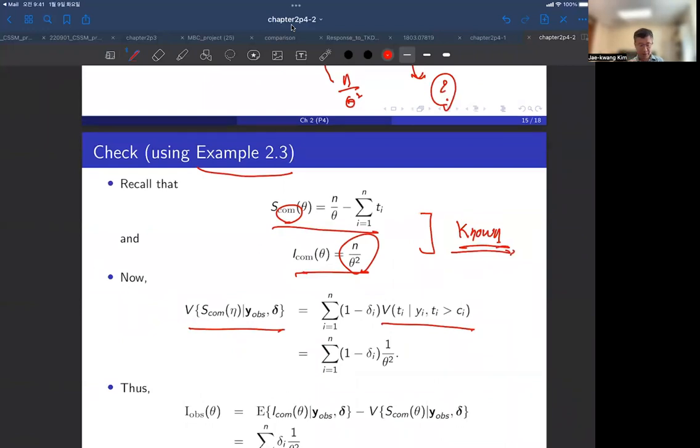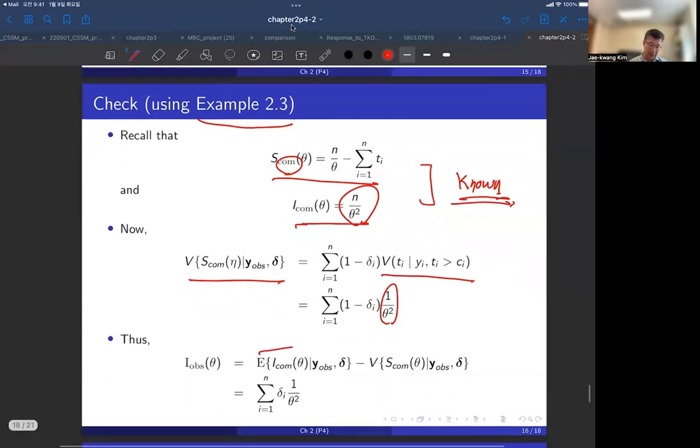And this is an exponential distribution, so given its memoryless property, the variance is just this one. So at the end of the day, you get n divided by zeta squared, and this guy.